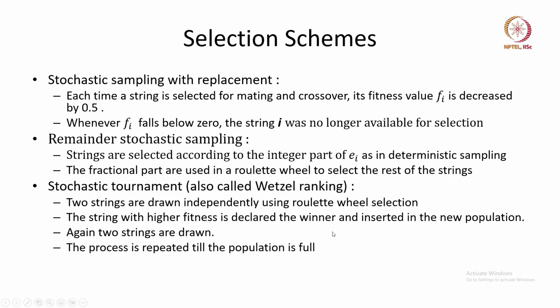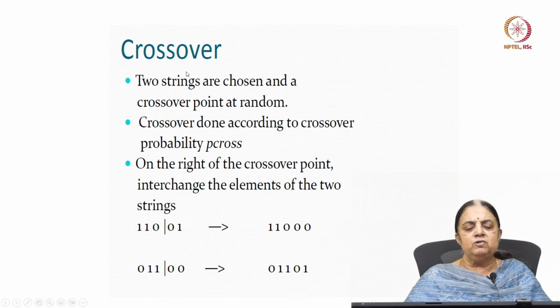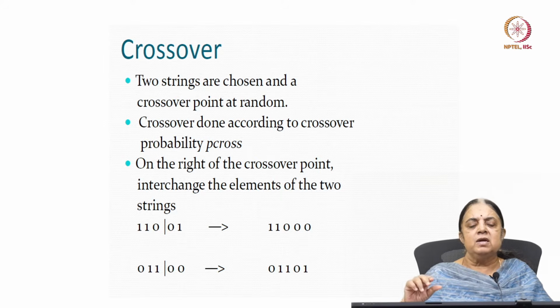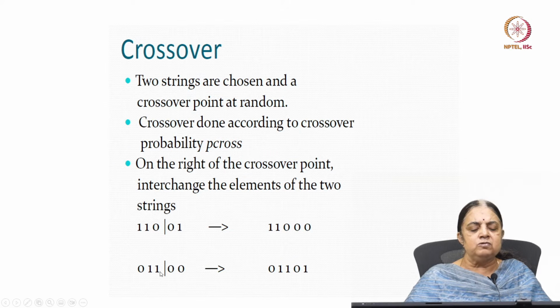So we can see that there are a number of different ways in which the selection can actually be done. Then we come to crossover. What do you mean by crossover? Out of all the population, you take two strings and you choose one crossover point. For example, if these are the two strings, you have decided to have a crossover point here after 3 elements. Once you get the crossover point, all the elements which come after the crossover point are interchanged.